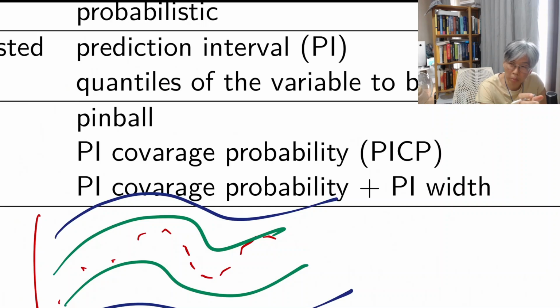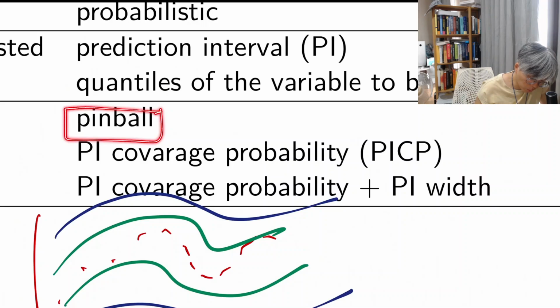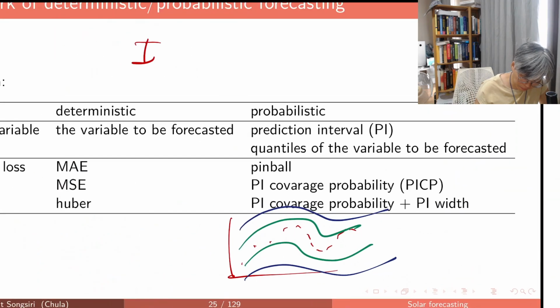If you use this pinball loss function, the quantile output of the model is fit to be the sample quantiles of your variable. I can explain more when we talk about the technical detail of forecasting models.